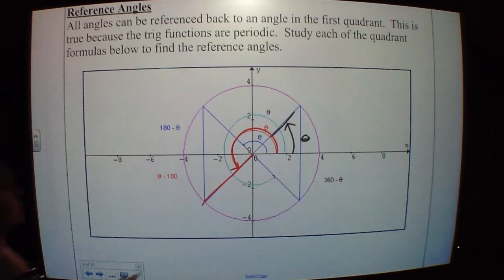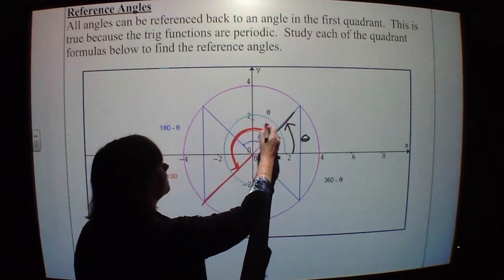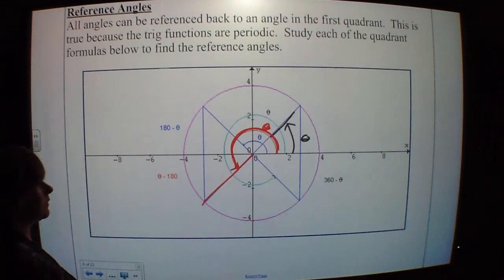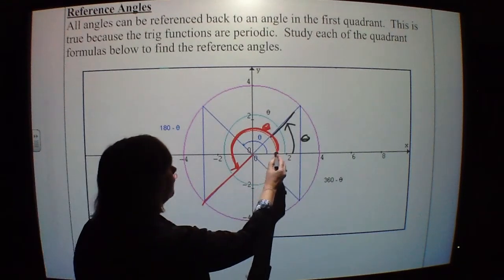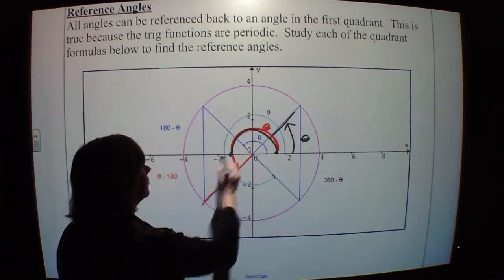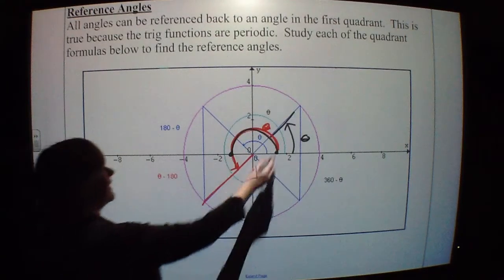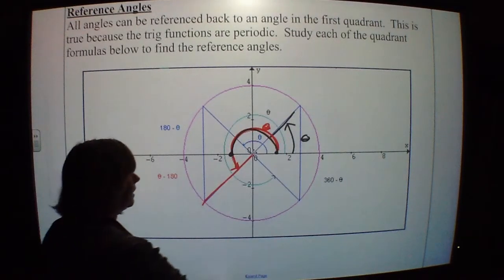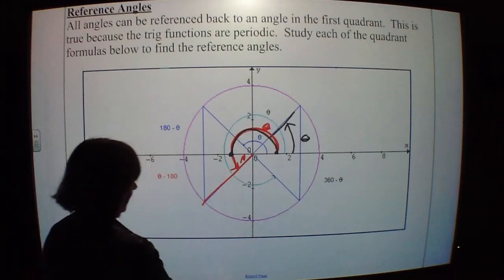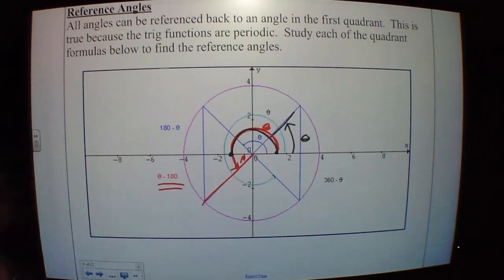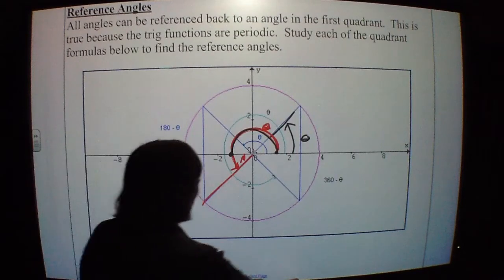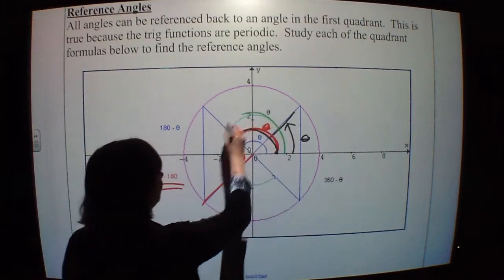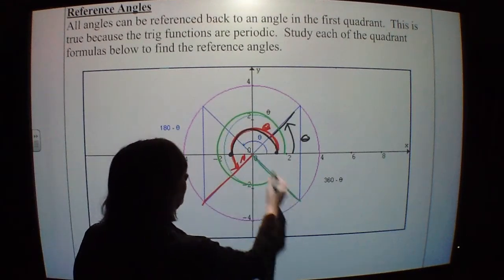Okay? This is some angle theta. I hope you know from here to here is 180. So if I take theta minus 180, I'm left with the reference angle. That's what I wrote here. If I'm in the third quadrant or fourth quadrant, my reference angle will be right there.